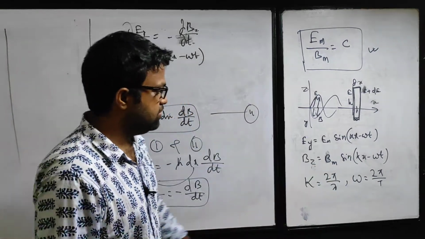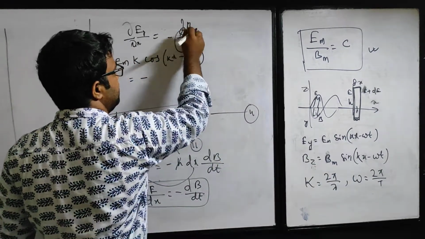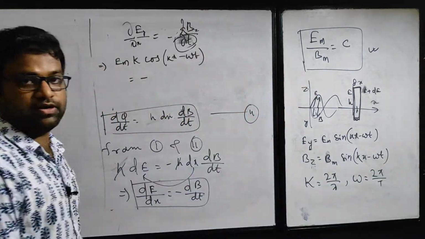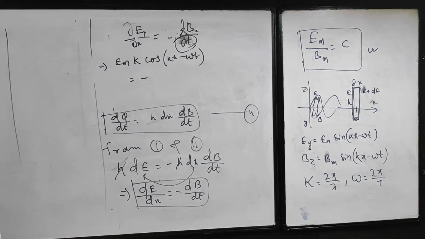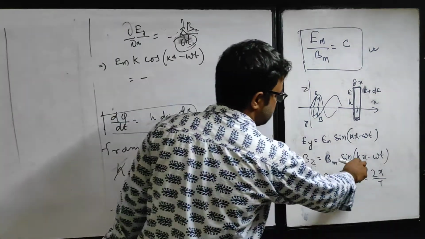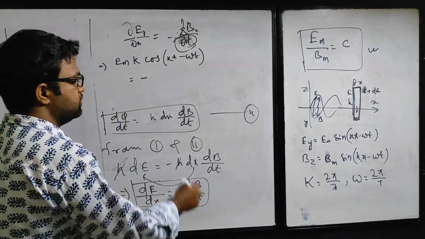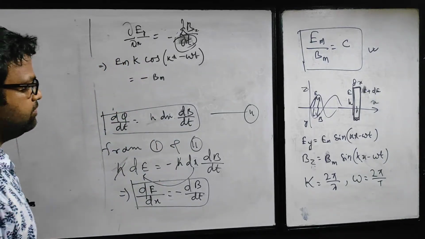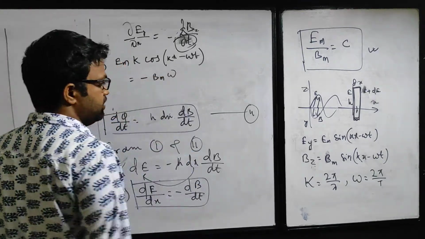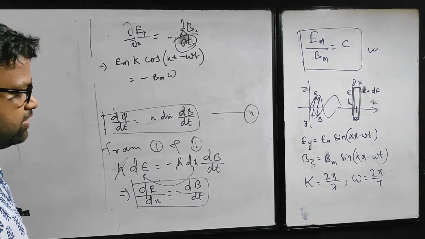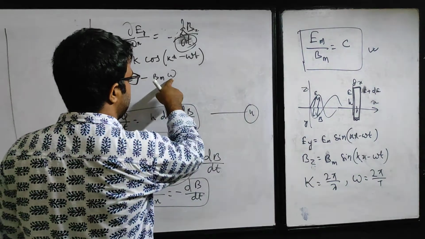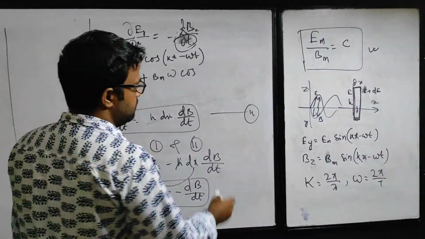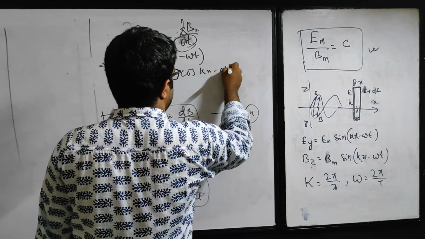Here we are differentiating with respect to t, you remember. So omega will come outside with a minus sign, k will not come out. So here BM omega, and cos minus omega, so it will become plus: cos kx minus omega t.